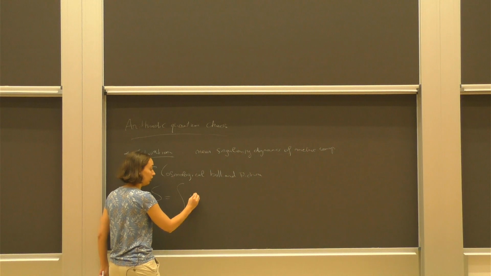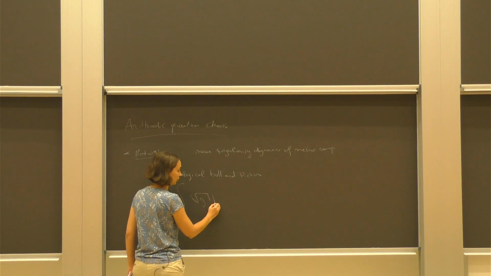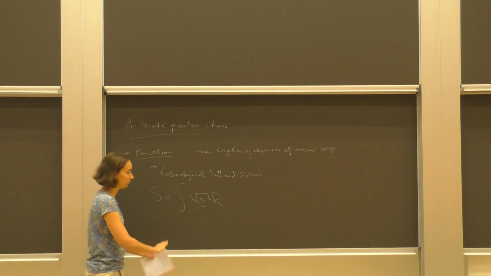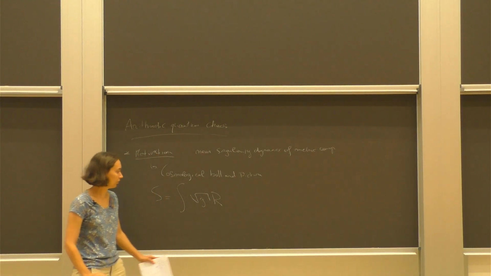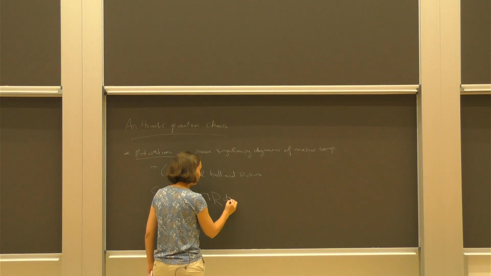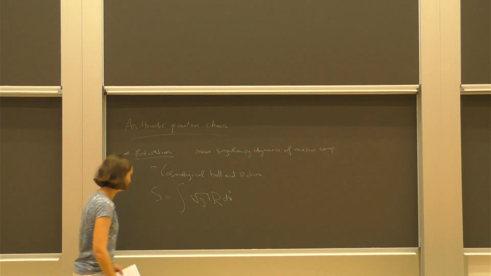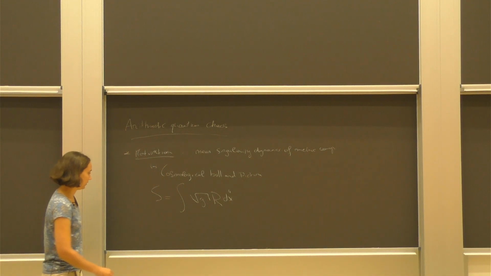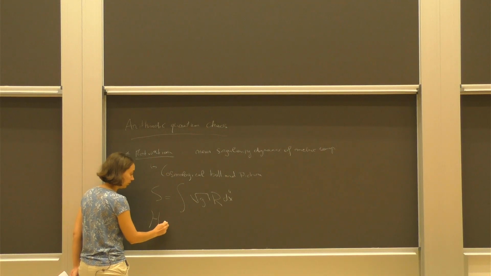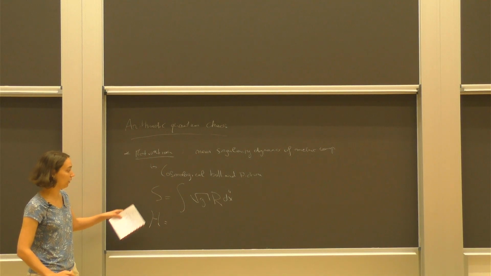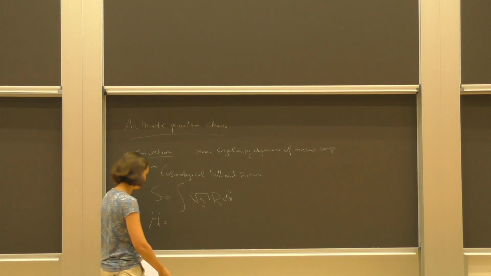For now, we'll focus on just the Einstein-Hilbert action. That's just the action for pure gravity. You don't add any matter, you add nothing. We'll focus on 4 dimensions. And given this action, you can write down what the classical Hamiltonian is that corresponds to this action.